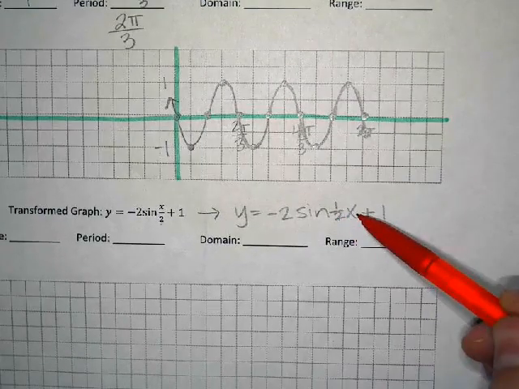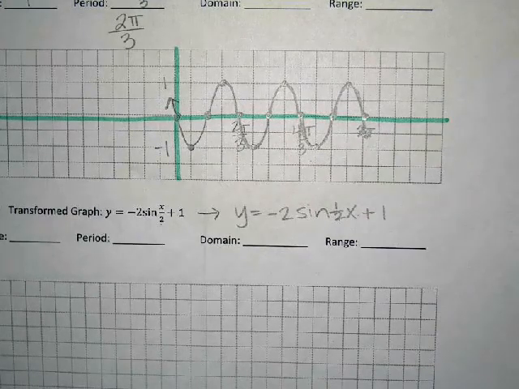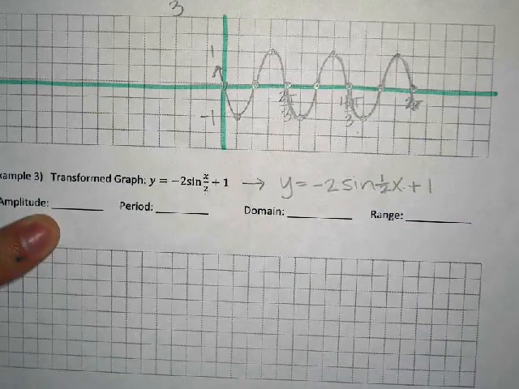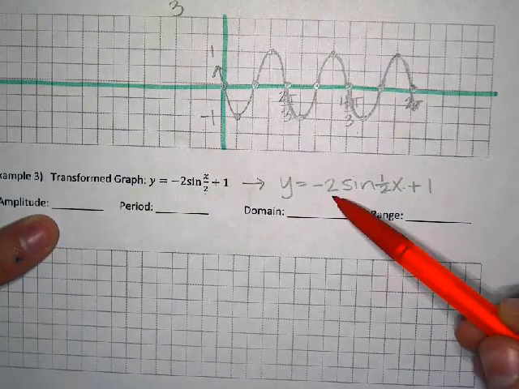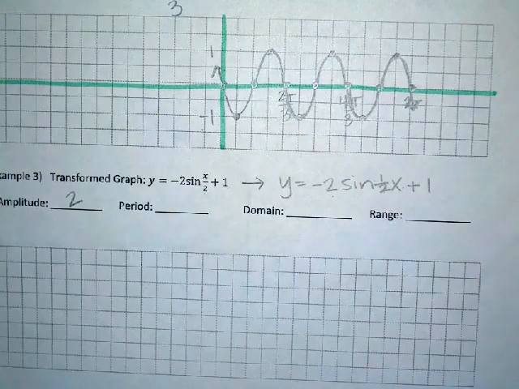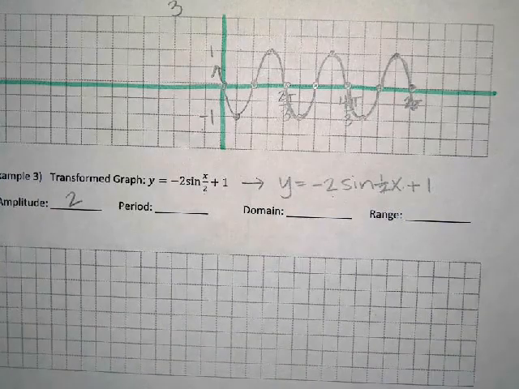Okay, what is our amplitude for number 3? What is the amplitude? 2. We have an amplitude of 2. For the period, we're going to do 2 pi divided by the b value, which is 1/2.